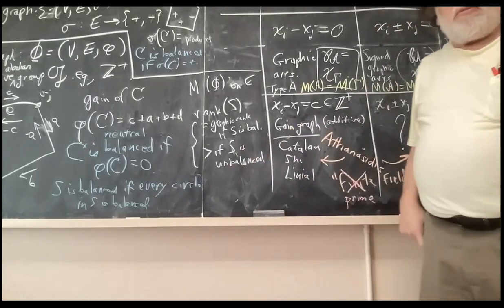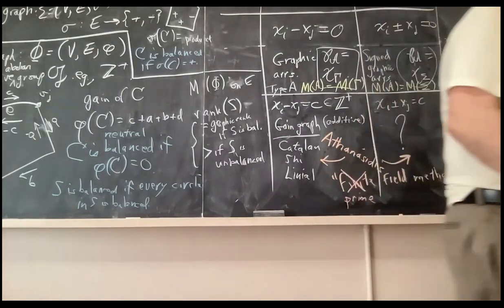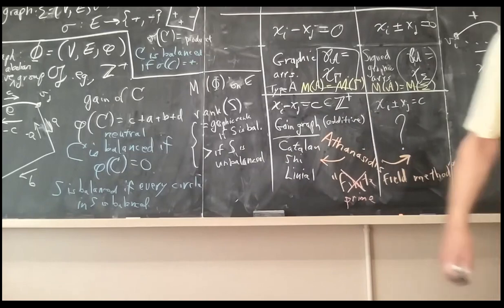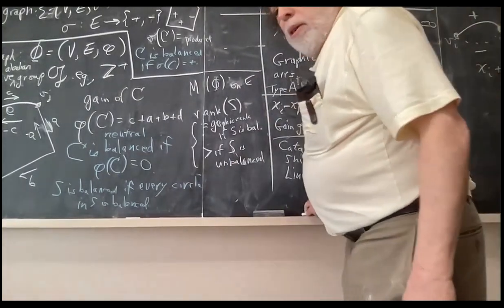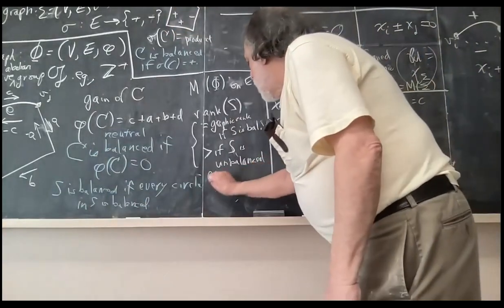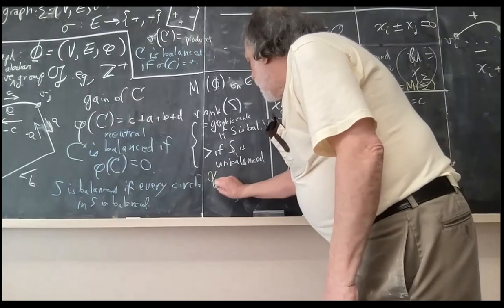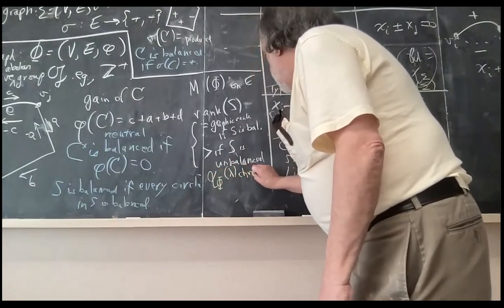Well, it turns out there's a special kind of chromatic polynomial which goes with this. I'm going to say we have a chromatic polynomial, phi sub phi of lambda. That's the chromatic polynomial.